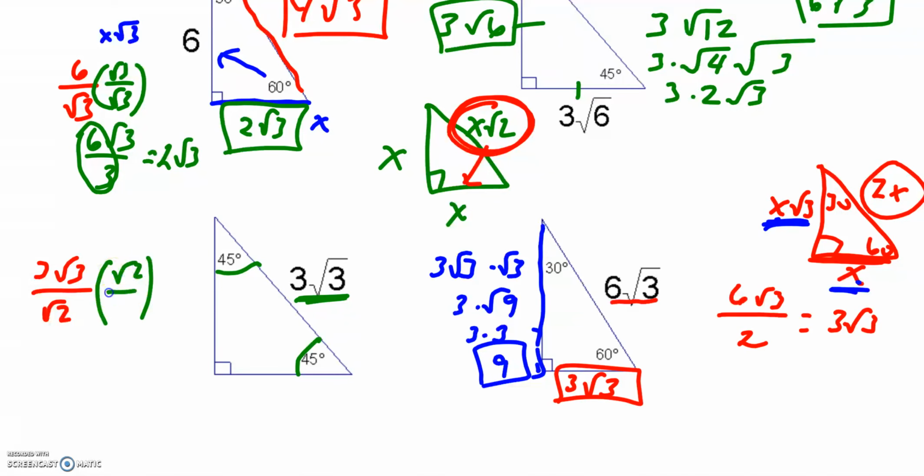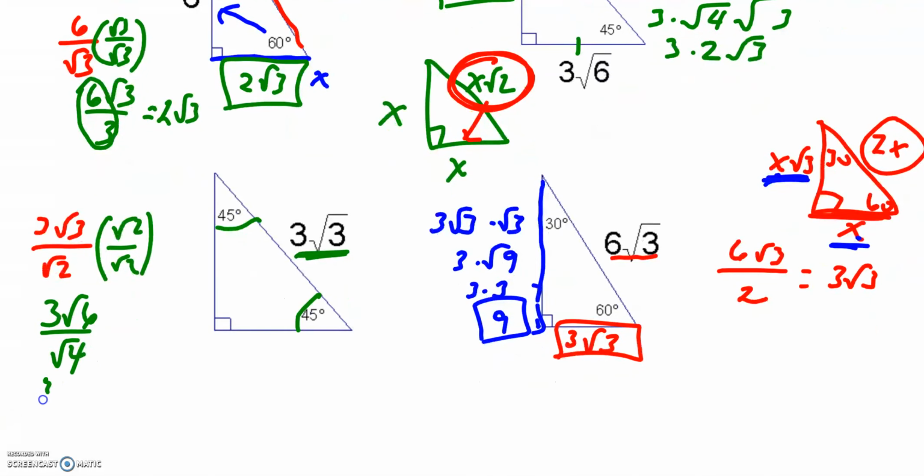We'd have to multiply top and bottom by root 2, so this isn't in the denominator anymore. If I did that, in the numerator I'd get 3 root 6, and in the denominator I would get root 4, which is really 2. So I'd get 3 root 6 over 2. Now, I can't reduce 3 and 2, so both of my legs are 3 root 6 over 2.